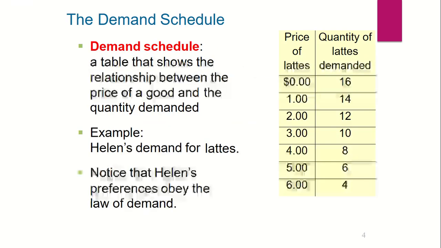Here comes the demand schedule. Basically, a demand schedule is a table that shows the relationship between the price of a good and the quantity demanded. Here is the example, Helen's demand for lattes. Note that Helen's preferences obey the law of demand. At a low price, that is $0, which means free, she demands more, and at a high price, that is $6, she demands less.